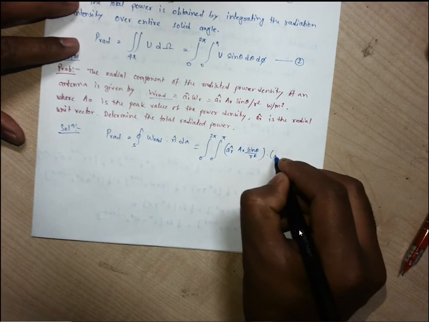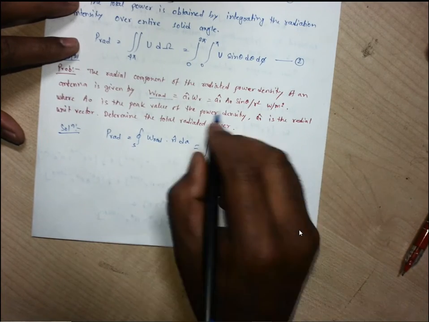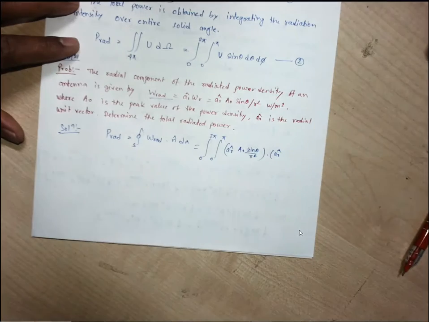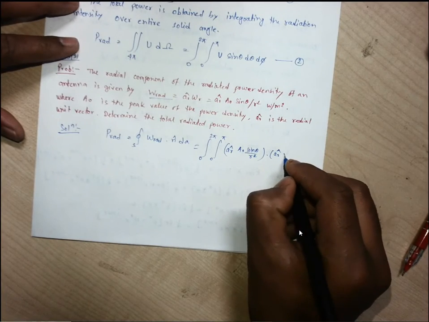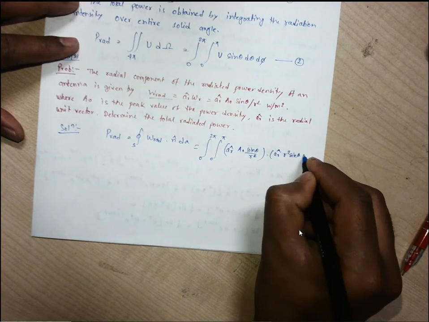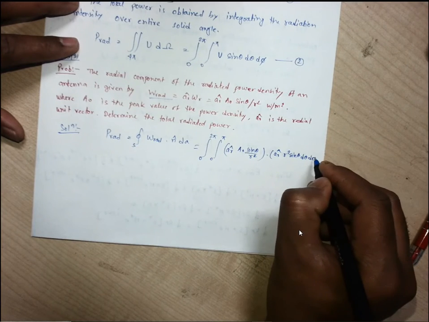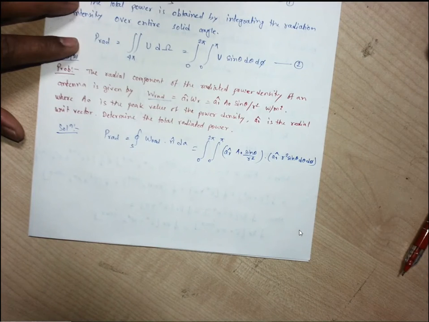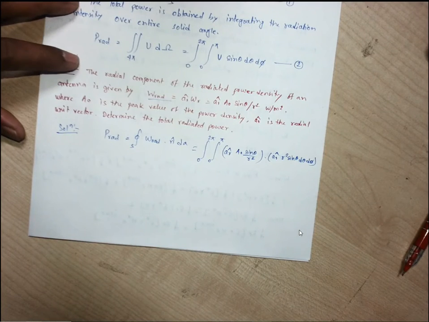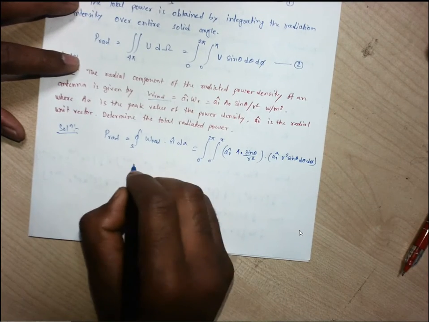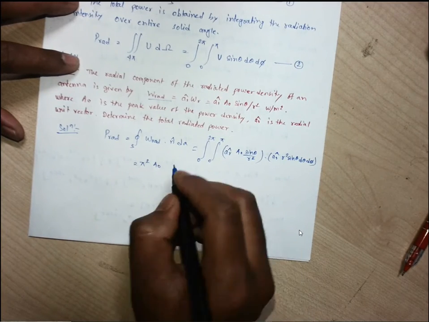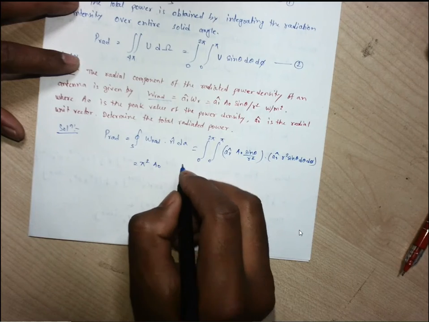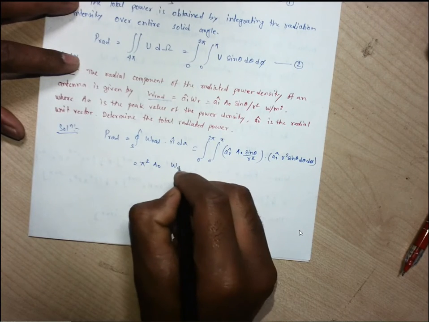This normal vector is a_r, which they have already mentioned is the radial unit vector. Then dA is R square sin theta d theta d phi. So from this we need to do the integration. If we do the integration, it comes out as pi square A naught. So it is the total power radiated, and it has the unit of watt.